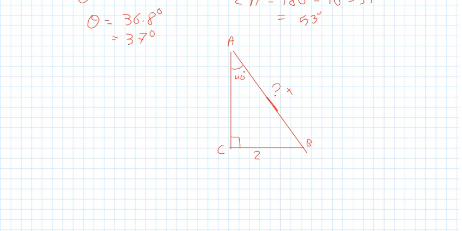What's the first thing you want to do? Assign your sides, right? So what are my sides? Where's my opposite? Where's my adjacent? Where's my hypotenuse? Your opposite is across from the angle. So that's your opposite here. That's your adjacent, and that's your hypotenuse.